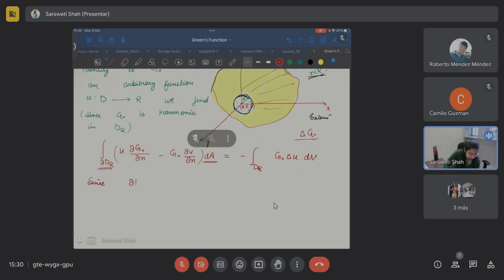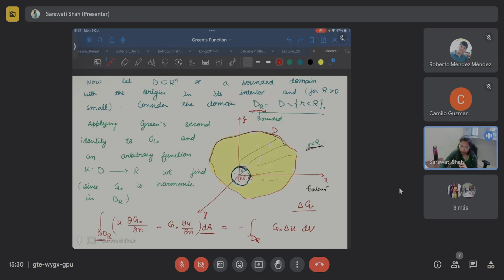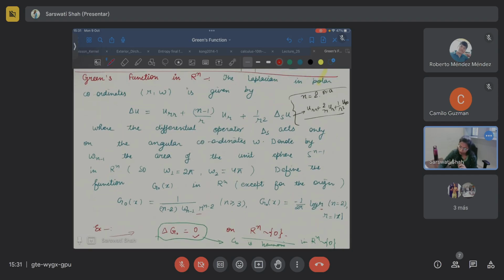Now since del D_r is the union of the boundary del D and the boundary of the sphere, as I have written in the notes, I would like to point out that if we are in two dimensions, then it will be a circle, a disk.